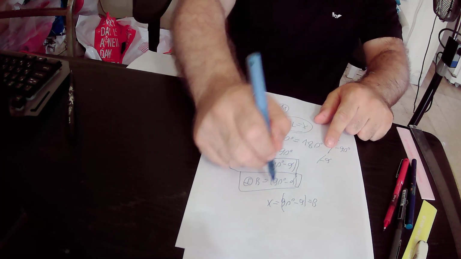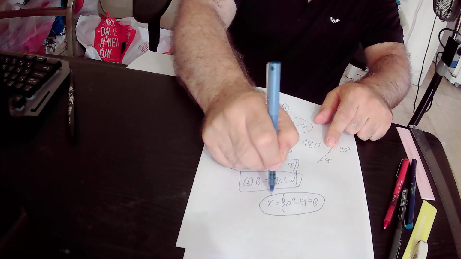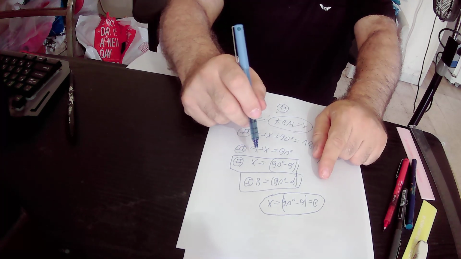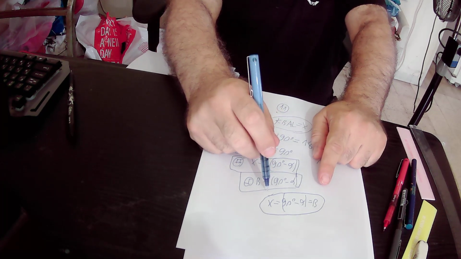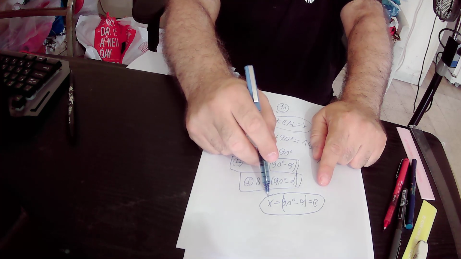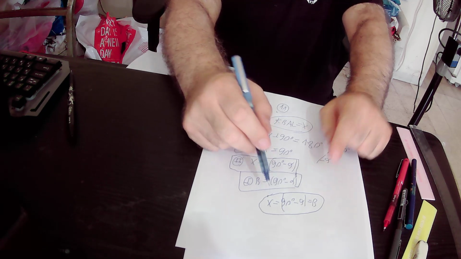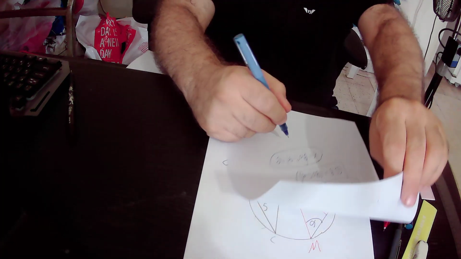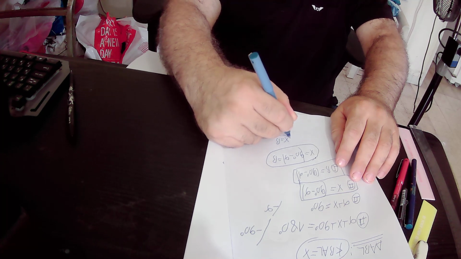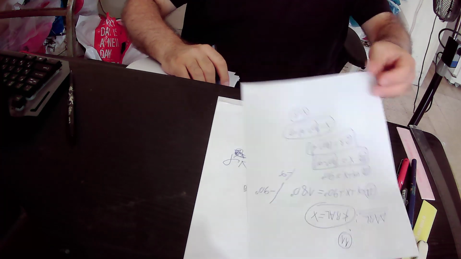Okay, so we have this equality, and from this equality we can deduce that x equals beta.